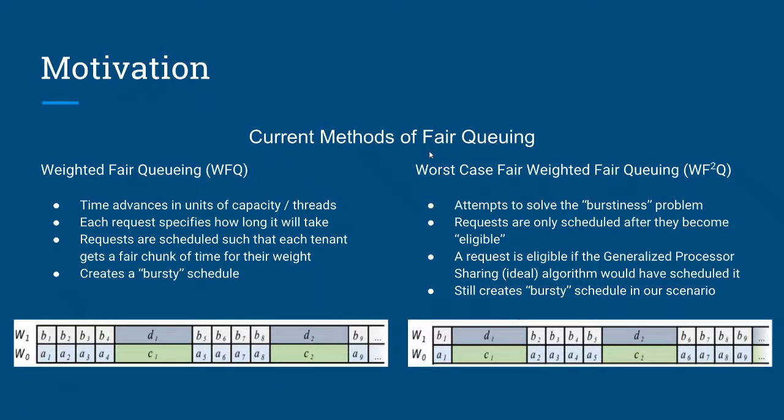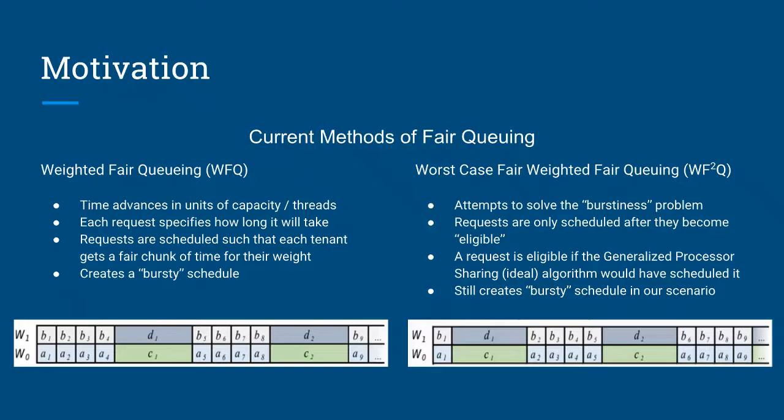So worst case weighted fair queuing, WF squared Q, was an attempt to solve actually a very specific burstiness problem that was almost unique to packet scheduling. And that problem stems from the fact that things can come in only requesting a small amount of resource cost, and they will get service right away.